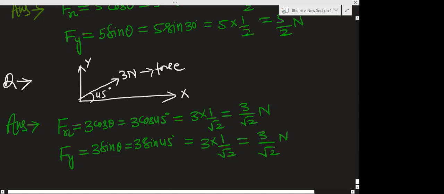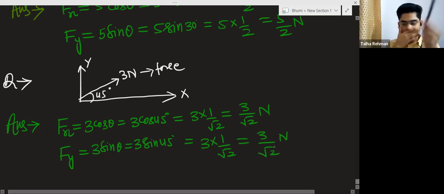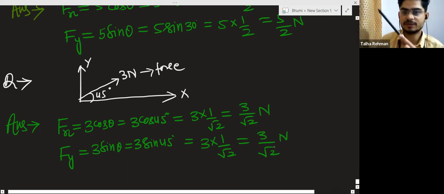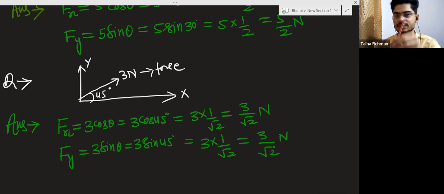This is splitting of vectors, right? This is x and this is y. What we are doing, see here. Suppose this is the vector, and this is one axis.